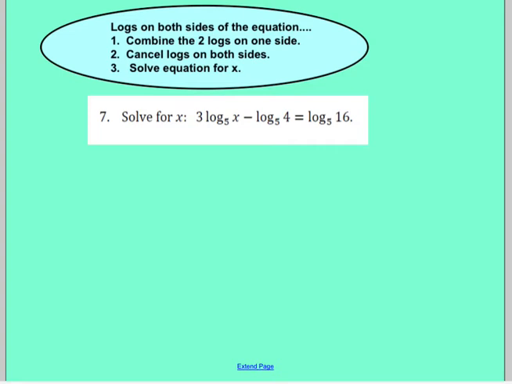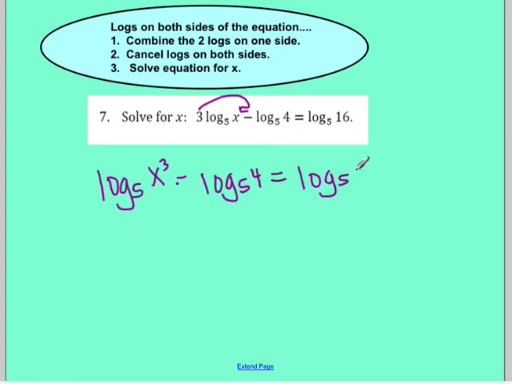So first thing for number 7 is I notice I have 3 times log base 5 of x. Well, if it's multiplication, I know it was a power of power, so I can go ahead and put that 3 back as a power. So it'll be log base 5 of x to the third. So I can write it as log base 5 of x to the third minus log base 5 of 4 is equal to log base 5 of 16.